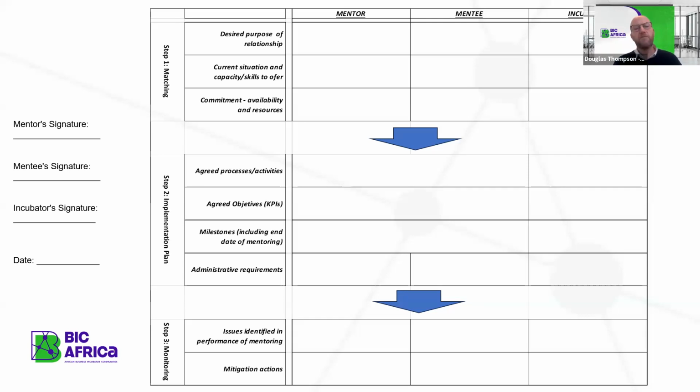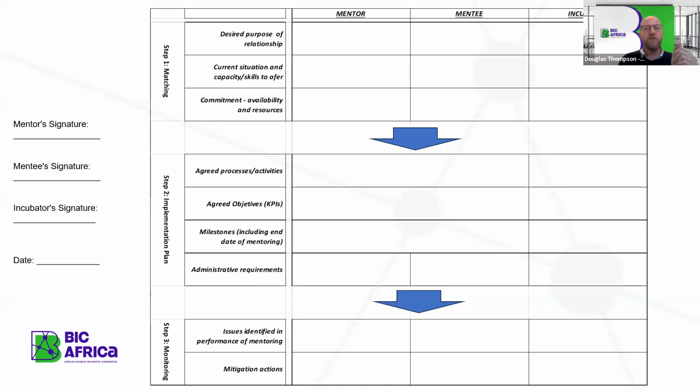And then in terms of monitoring, it's very important, as you go through this, as a living document. It's meant to be available to everyone, and so the issues identified during the performance of the mentoring can be included here, so it's clear, they can be discussed, and mitigation actions can be identified and implemented. So the idea here is this is an extension of just a form which is normally set up at the beginning of a relationship.